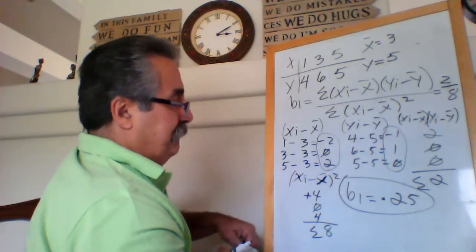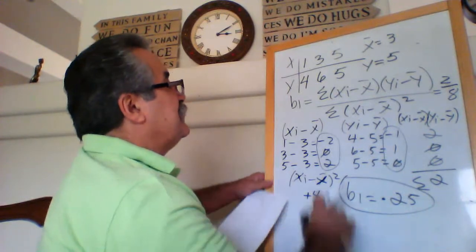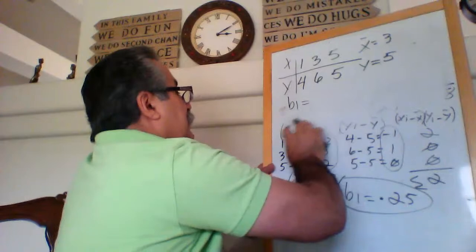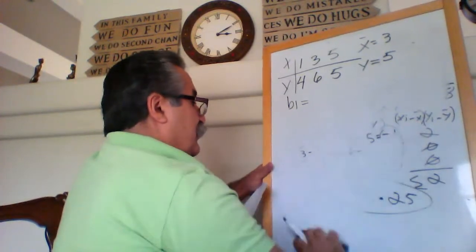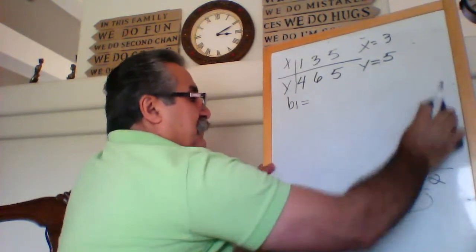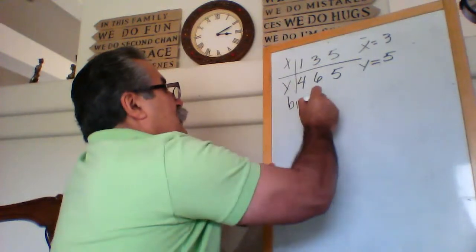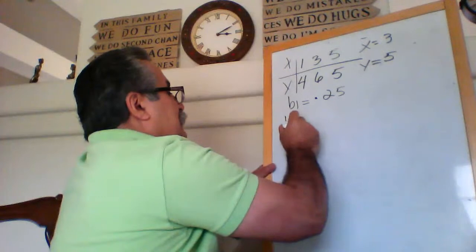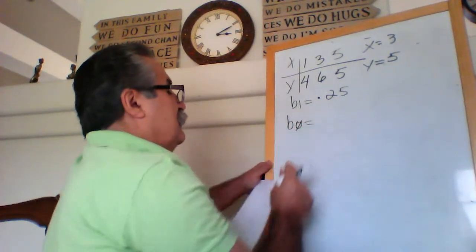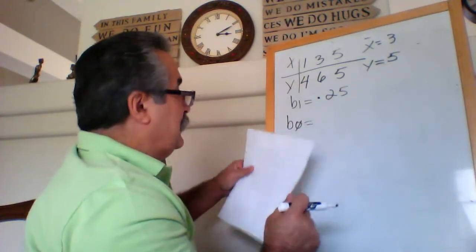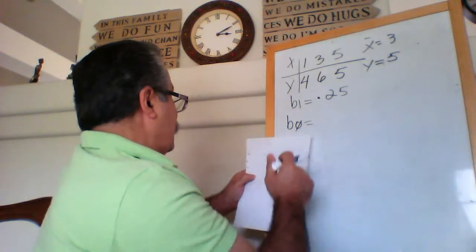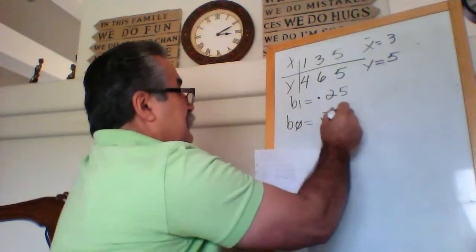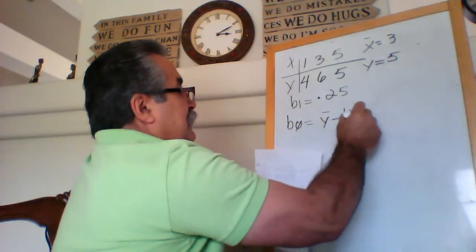Okay? So I'm going to go ahead and erase these, and I'm going to have my B1 equal to 0.25, and then finding B0. B0 is equal to y bar minus B1 times x bar.